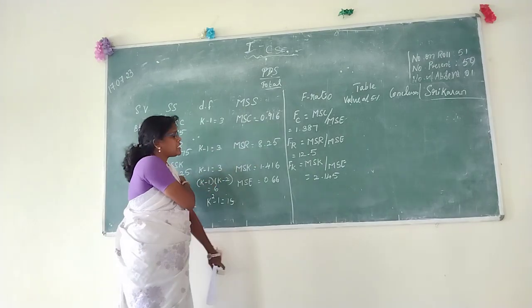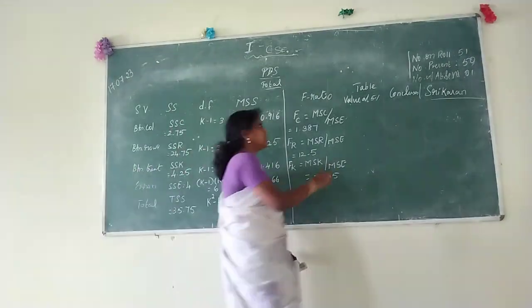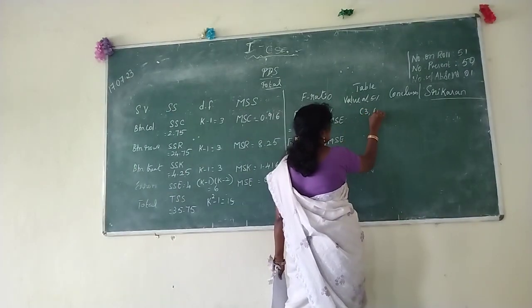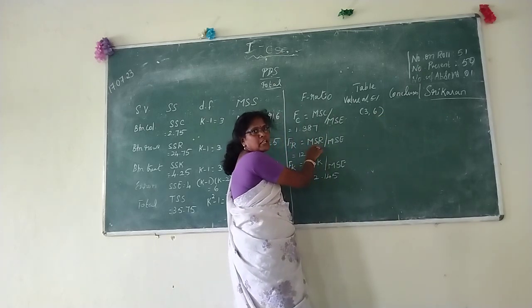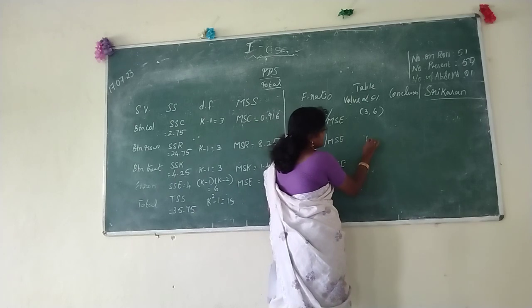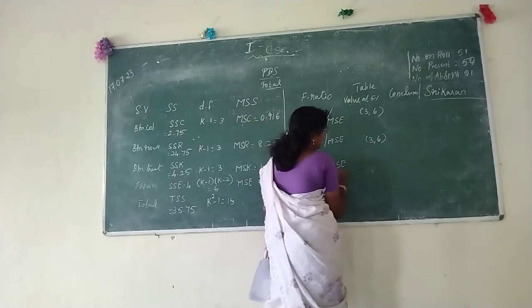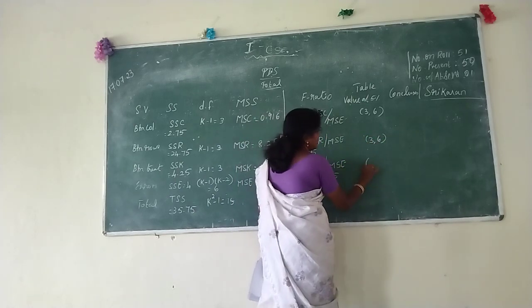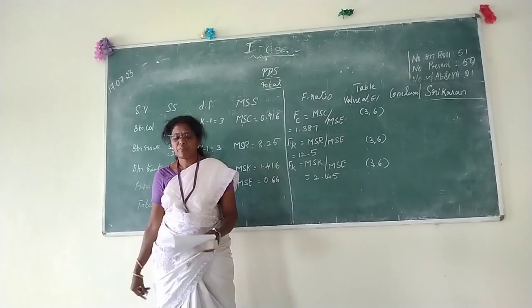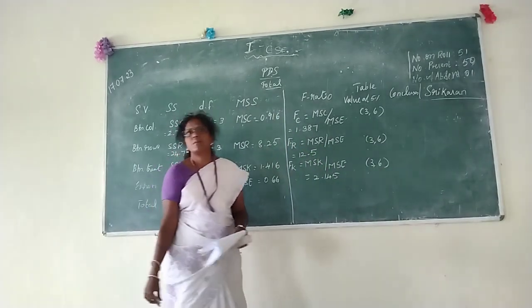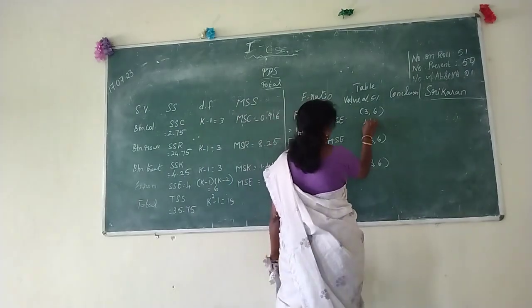For error, what is the degrees of freedom? 6. You have to get the table value from 3, 6. For row, again row in the numerator, 3, 6. For treatments, 3, 6. Get the table value: 4.76, at 5%.